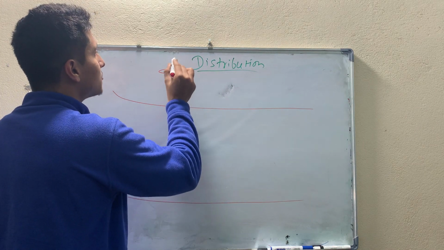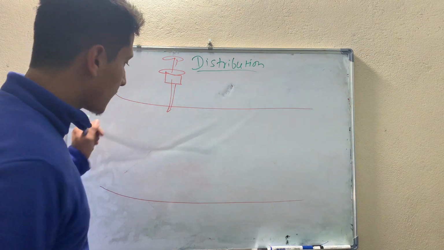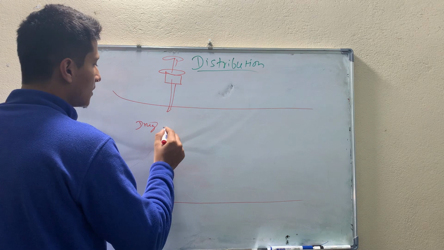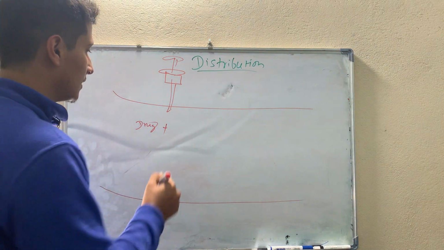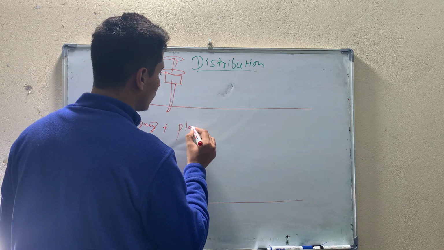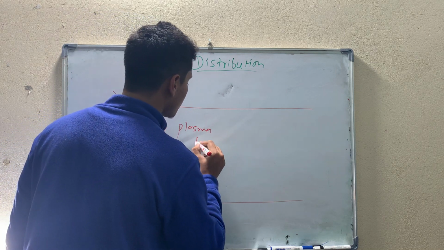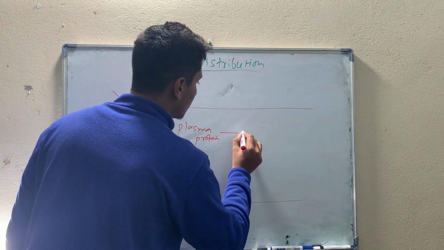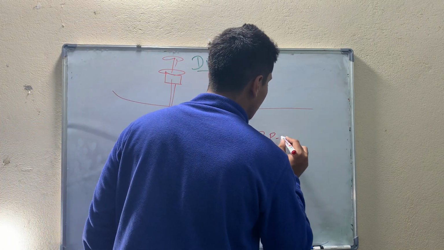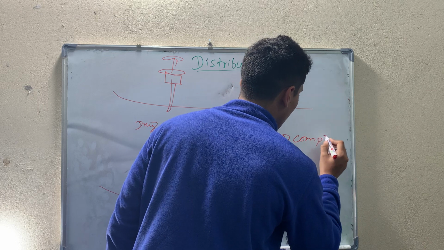When you inject a drug into this blood vessel, suppose this is the drug. When the drug gets into the plasma, it first binds with the plasma protein. So now it becomes a plasma protein and drug complex.